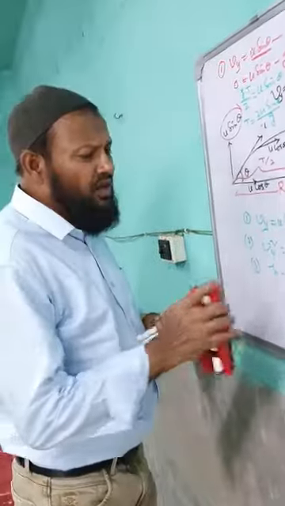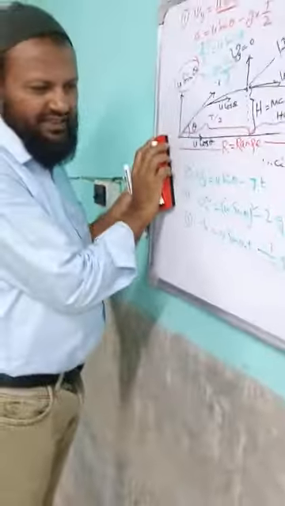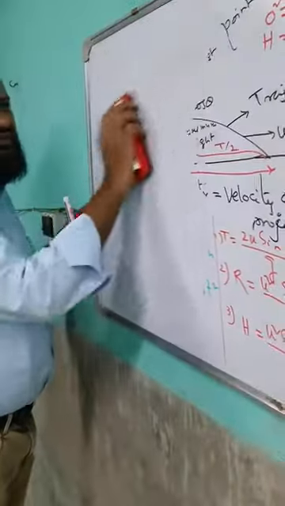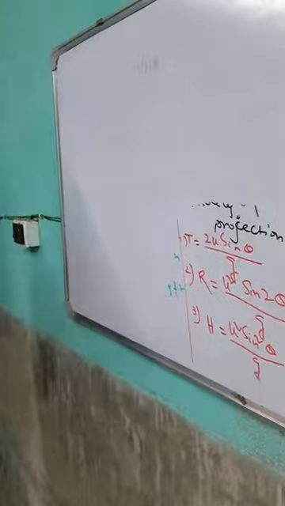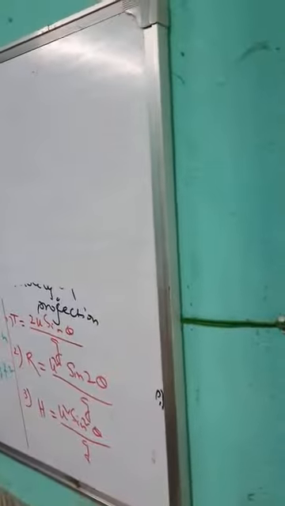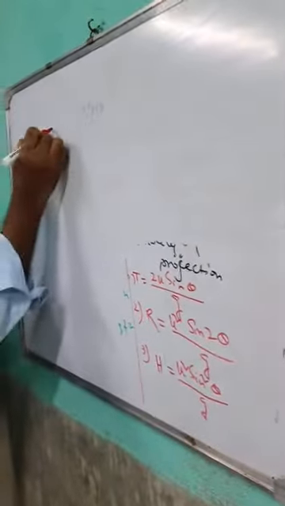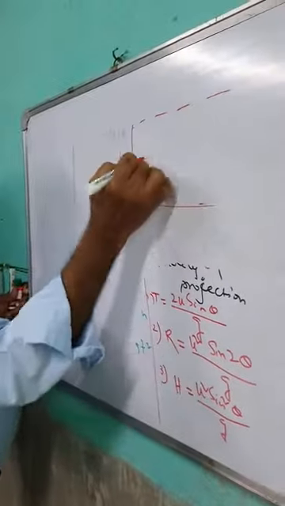What is the question? In case of long jump, this is very very important. Please see here, in case of long jump and high jump. This is the soft soil.